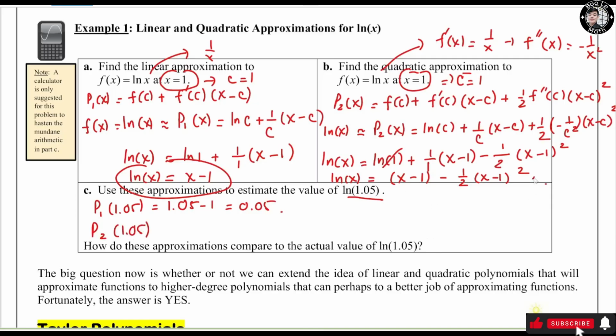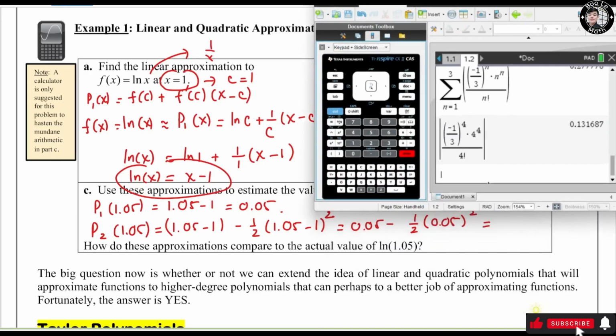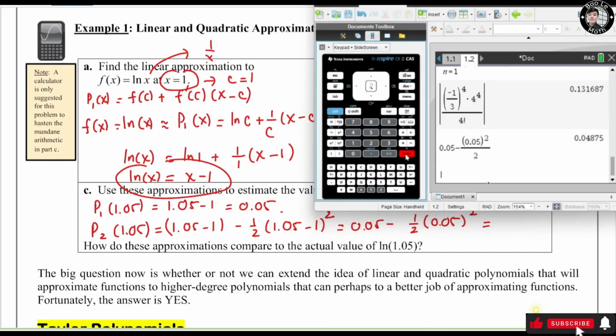It's going to be right here: 1.05 minus 1, subtract 1 half times (1.05 minus 1) all squared. So it's going to be 0.05 minus 1 half of 0.05 squared. So we're going to pull up the calculator, and it's going to be 0.04875.